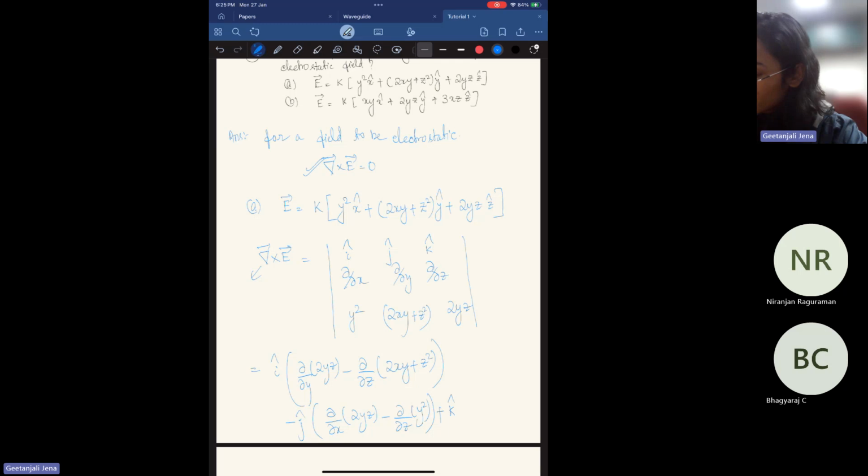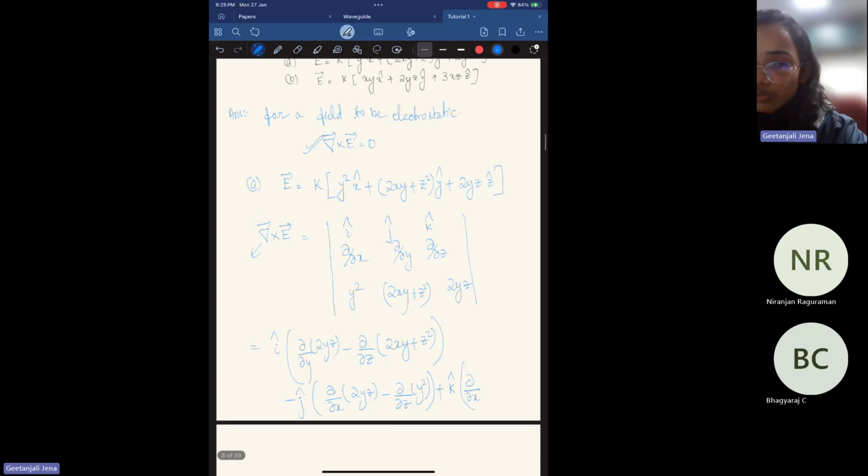Plus k cap, I think this you already know if you recall electrodynamics, dou by dou x of 2xy plus z square minus dou by dou y of y square.